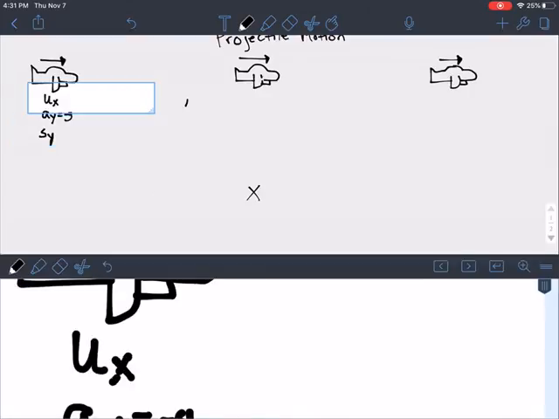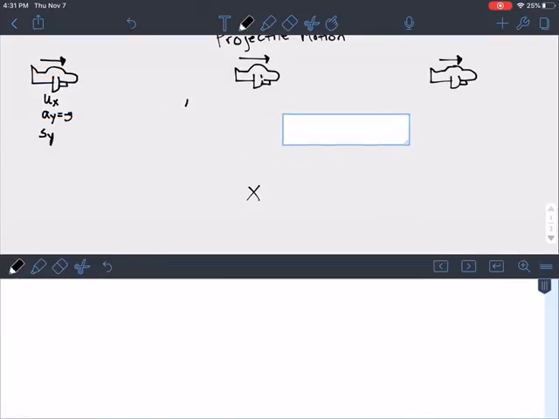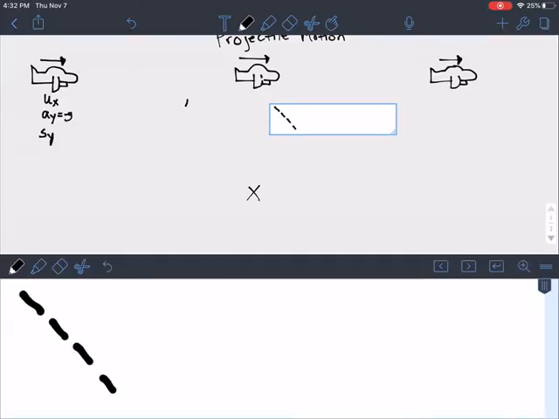Then we also need to think about what path this box will take once I let it go. Let me give you some options, and then as you're watching, you can pick, and then I'll tell you which one is correct. Maybe when I let it go, the box will do something like this. Or maybe the box just goes straight down.